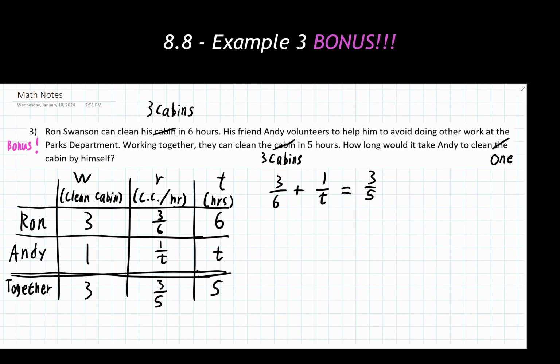Now I have this equation and I go through and do the same thing. I'm going to try and figure out how to get rid of the fractions. So I'm going to multiply everything by that lowest common denominator of 30t. Every single fraction is going to get multiplied by that. Again, I'm doing this to eliminate fractions.